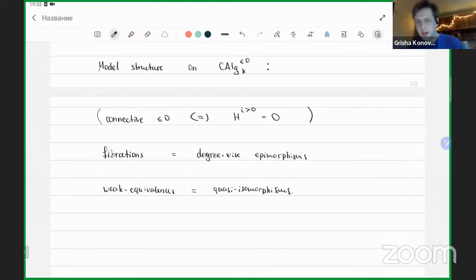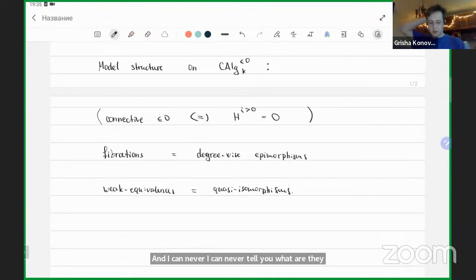And I can even tell you what the cofibrations are in this model category. Up to taking a retract, each cofibration looks like this.